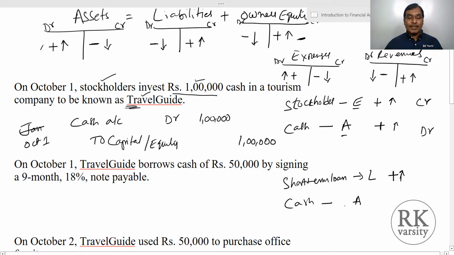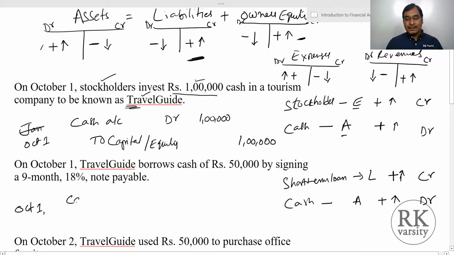And what is happening to the cash, which is an asset? There is an increase in your asset. So when there is an increase in our asset, what do we do? We debit. And when there is an increase in a liability, we have to credit. Now the journal entry: for the date, you write October 1st.